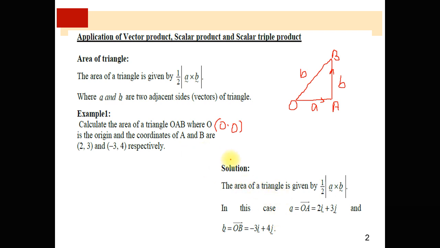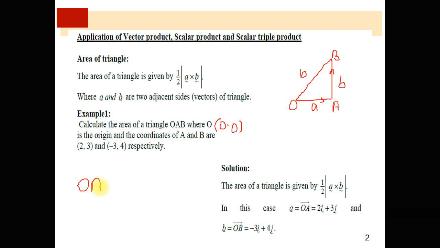So dear students, in this example, note that any vector defined by 2 points is given as follows. Suppose we have a vector defined by OA. Actually O is a point, A is also a point.